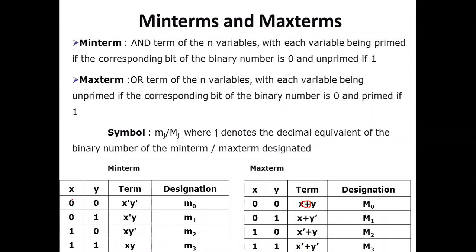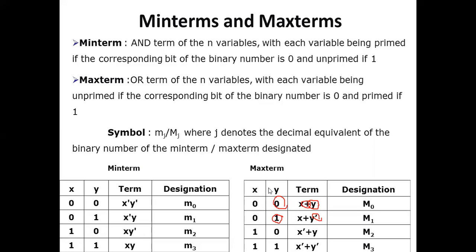It's opposite from what we have done in min terms. In min terms, it is primed only when values are 0. In max terms, it's the opposite. We prime only if the value is 1. You can see here the value is 1 and y is primed. Here the value is 0 and y is not primed. So that's the normal procedure we follow.